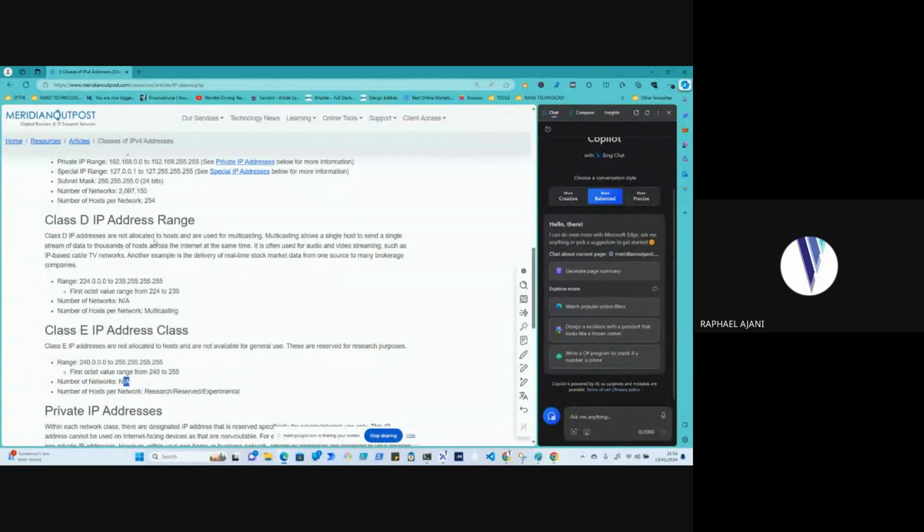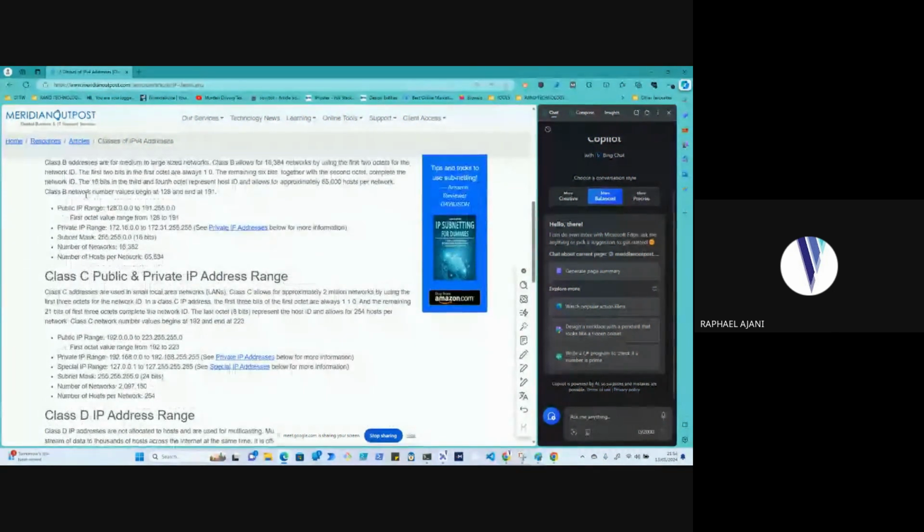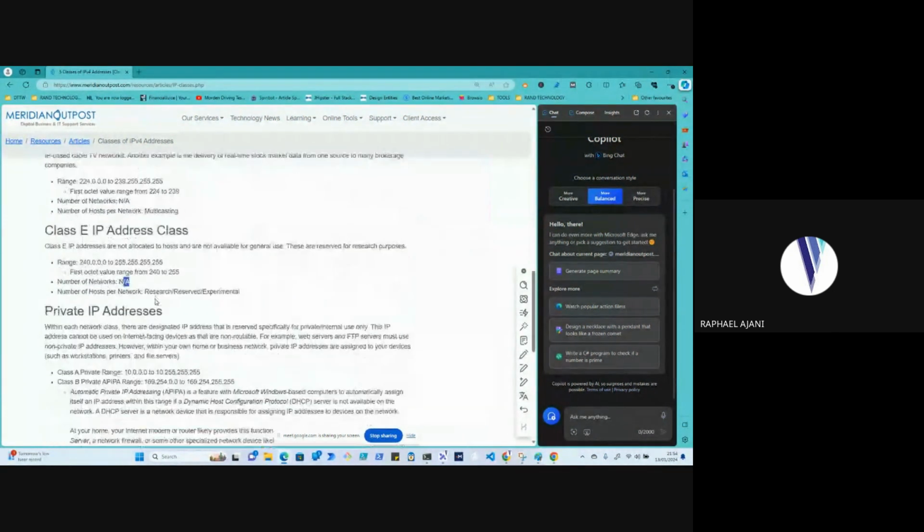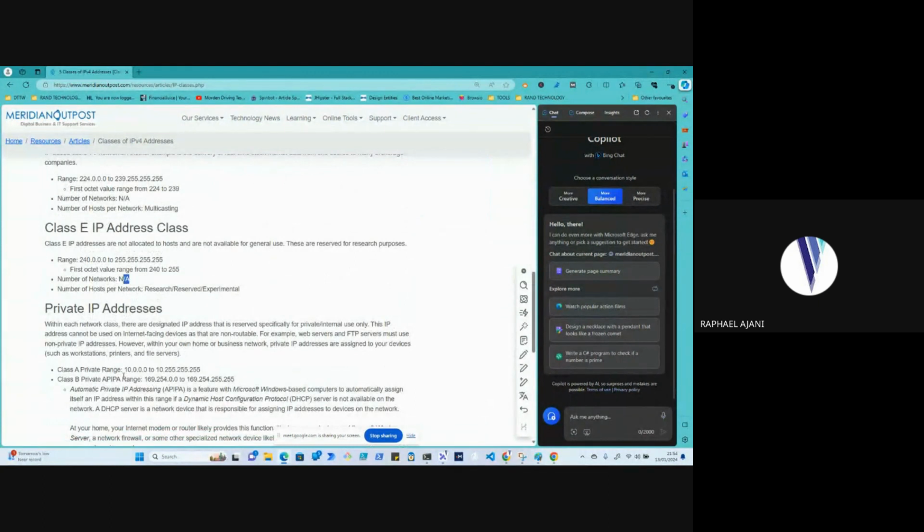All of these are used for multicasting. This is left for research and experiment. Like I mentioned at the beginning, when the IP version 4 addressing scheme started running out, because some segments are reserved for public, some segments are reserved for private, it means that what is left in the public is actually limited.